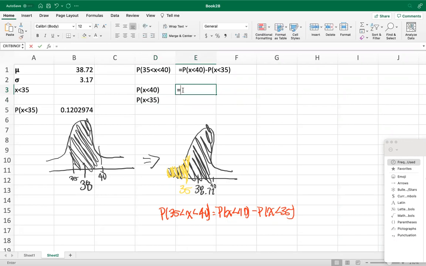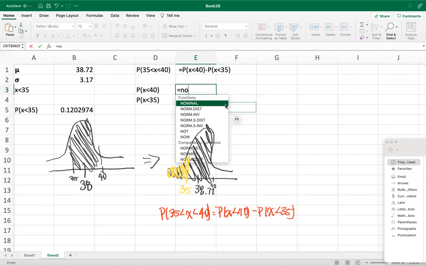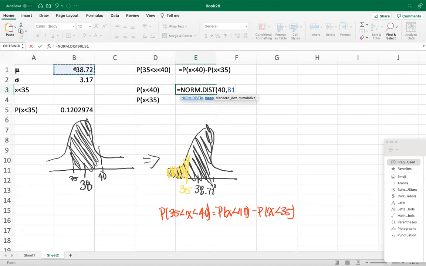X less than 40 is, again, a normal distribution, and we're looking for the area. X, in this case, is 40, with the mean of 38.7 and standard deviation 3.17.